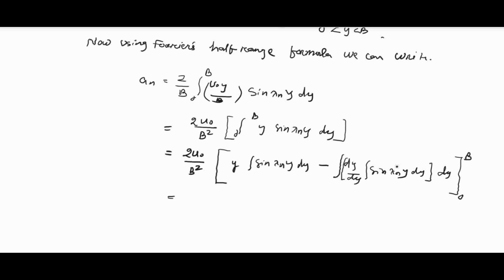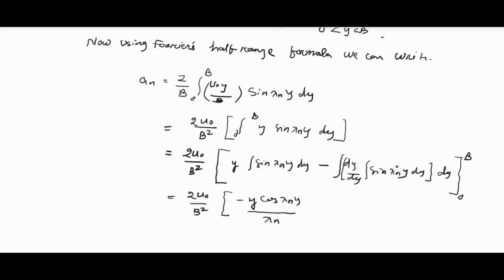So this will give us minus cos(λ_n y) by λ_n. So we get minus y cos(λ_n y) by λ_n, minus, and here minus cos(λ_n y) by λ_n, and here 1.